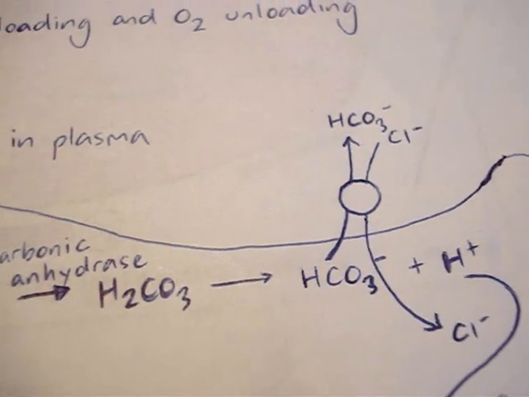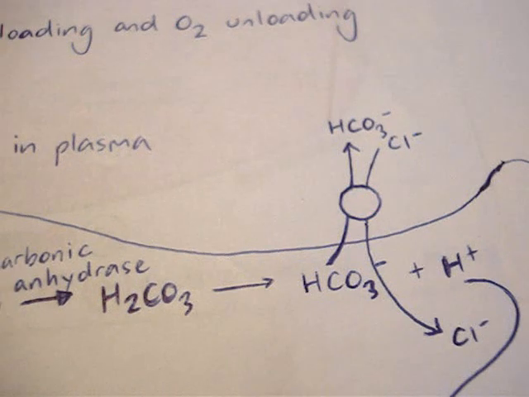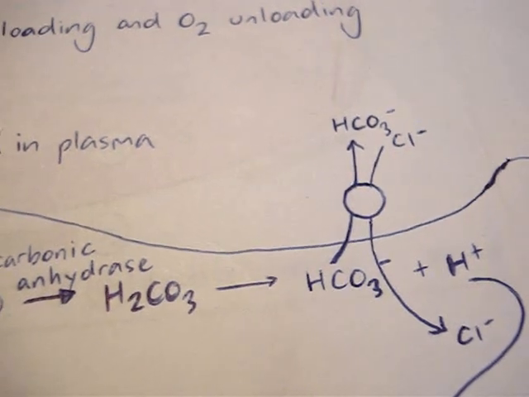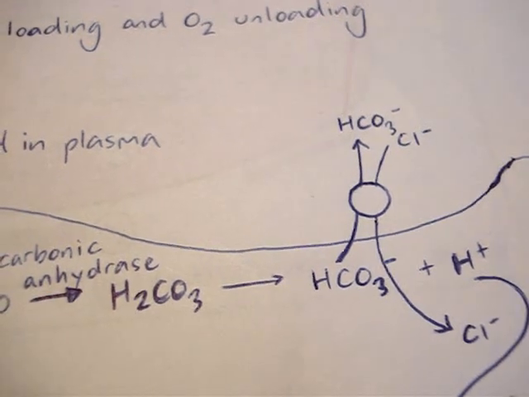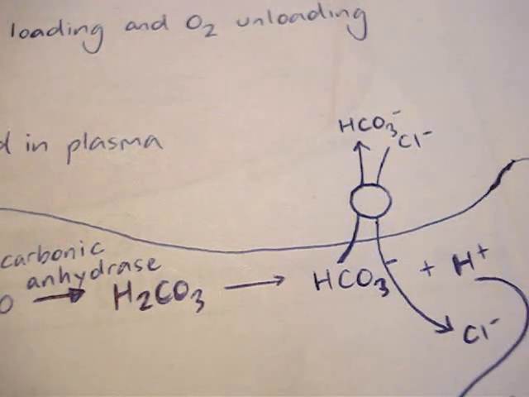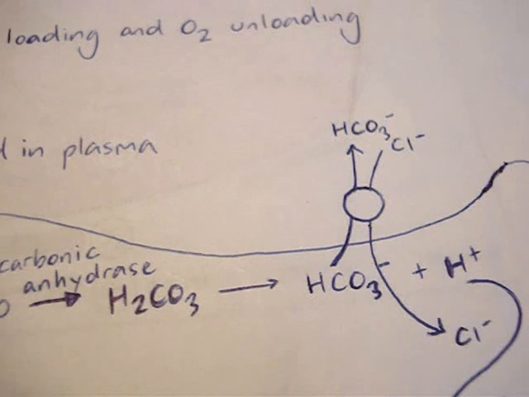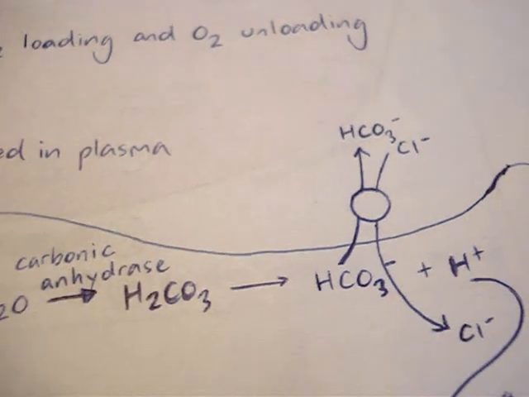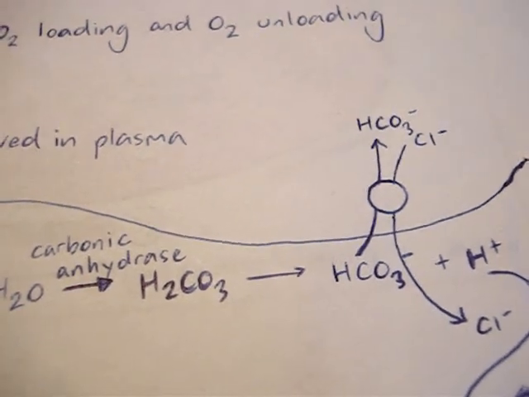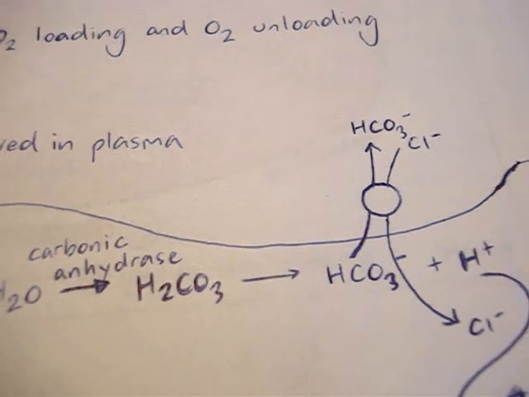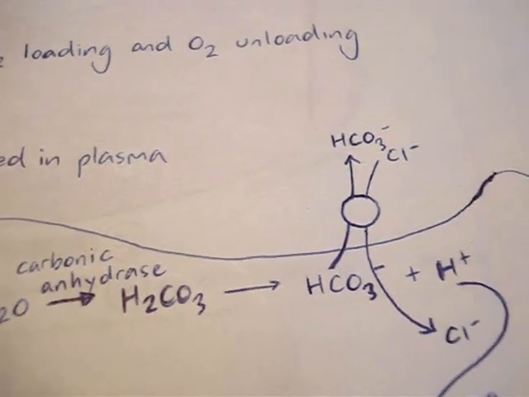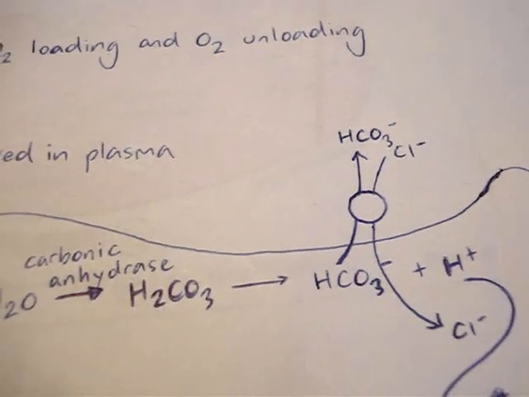It helps with the process of chloride shift. During chloride shift, one bicarbonate ion is replaced with a chloride ion. And because they both have the same charge, it doesn't really affect any charge across the membrane. So it's basically the same thing.